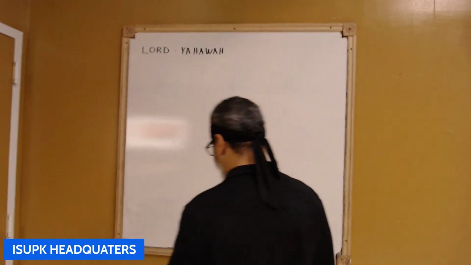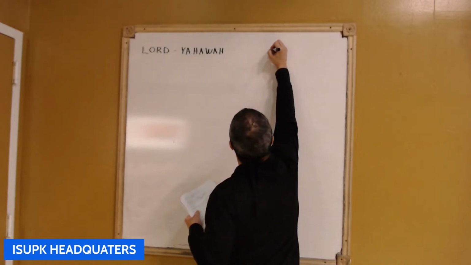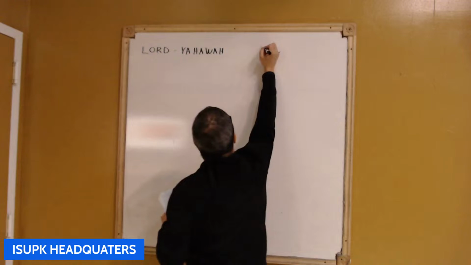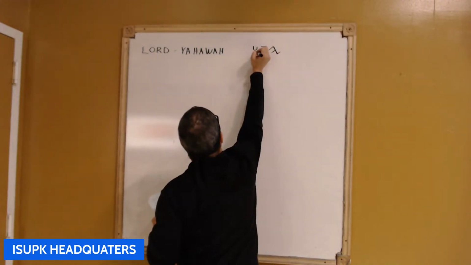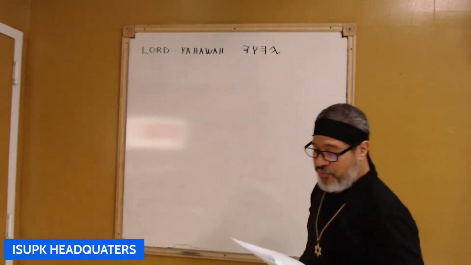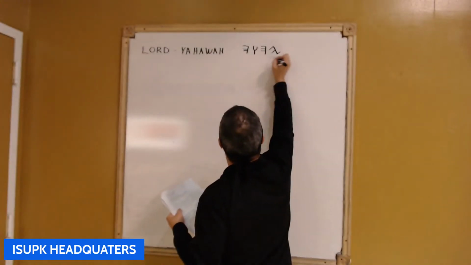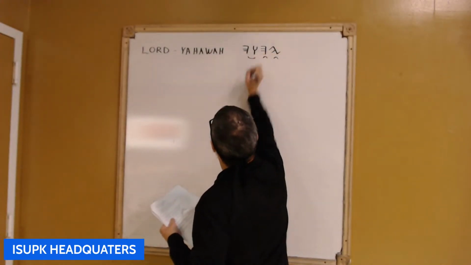So Yahweh in the ancient, now we know our characters, Yah, ha, wa. And then how you pronounce that, we use our connectors. Ya, ha, wa.